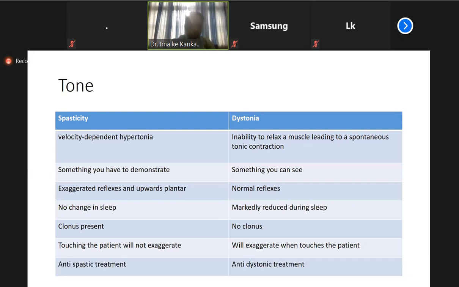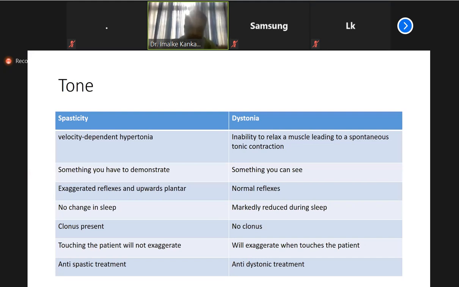In spasticity, reflexes are exaggerated, but in dystonia, reflexes are normal or maybe slightly exaggerated. Spasticity will not change during sleep, but dystonia is reduced during sleep. In spasticity, you get clonus, but in dystonia, clonus will not be there.